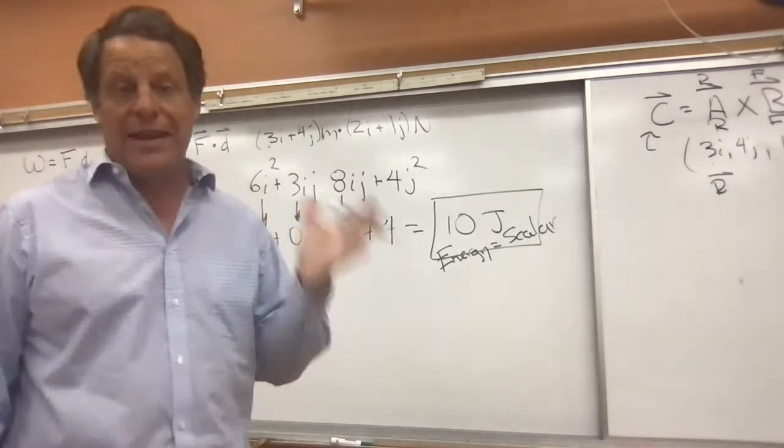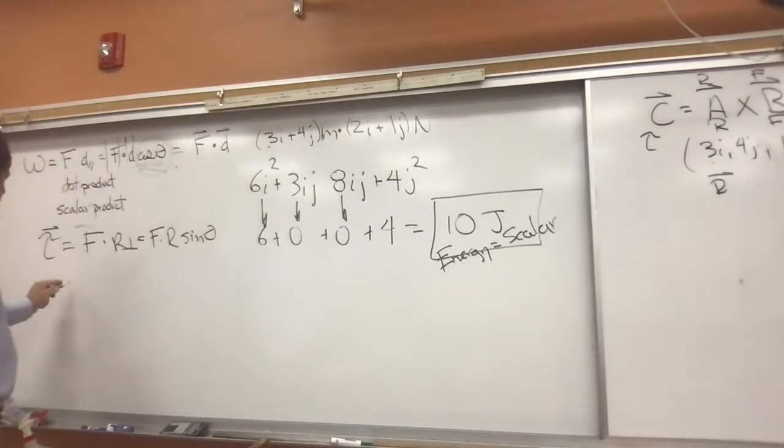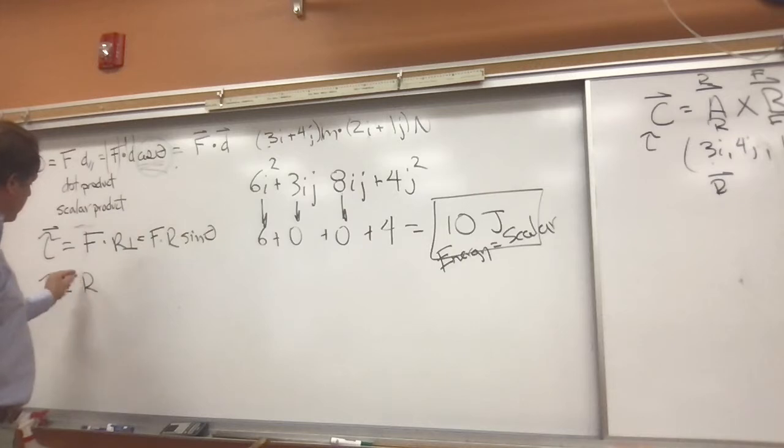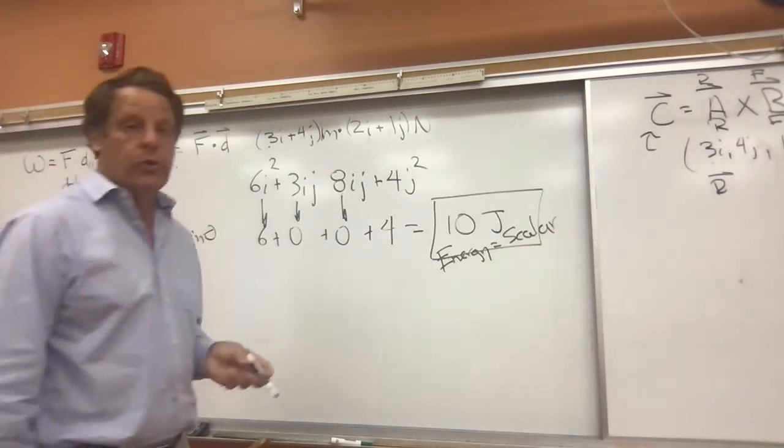That's if it was not perpendicular. If we have two vectors, we can say that R cross F would be equal to the torque.